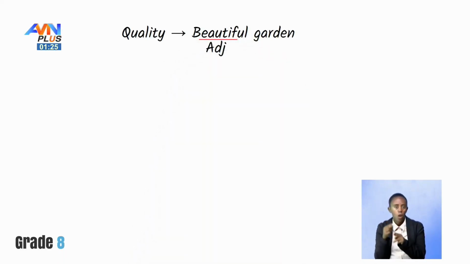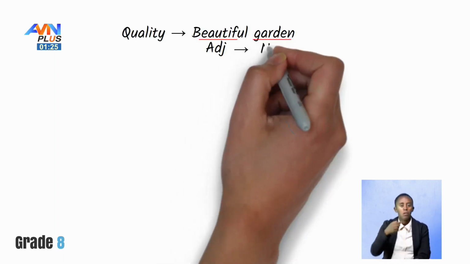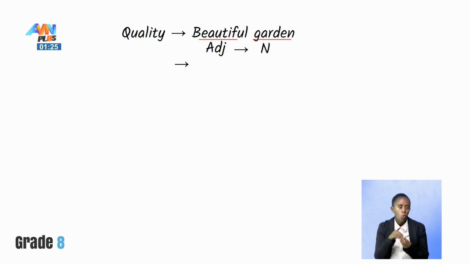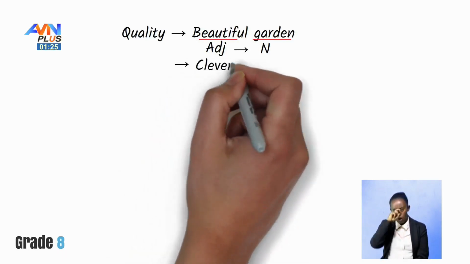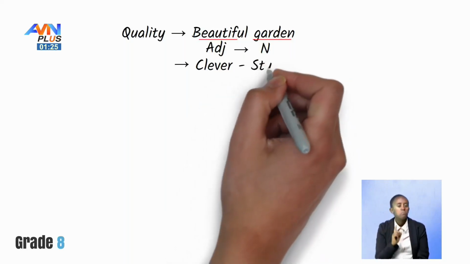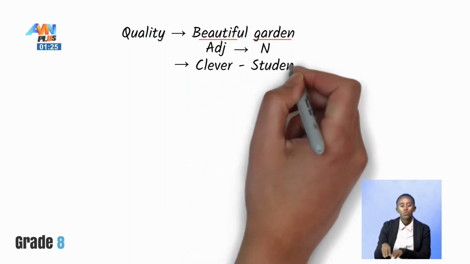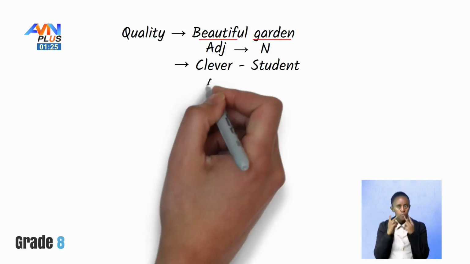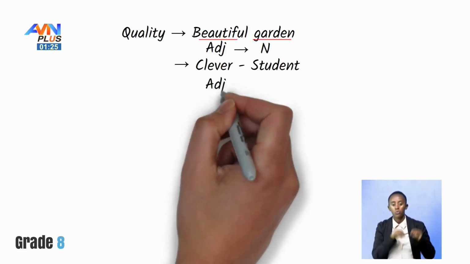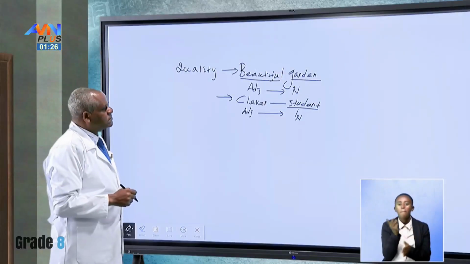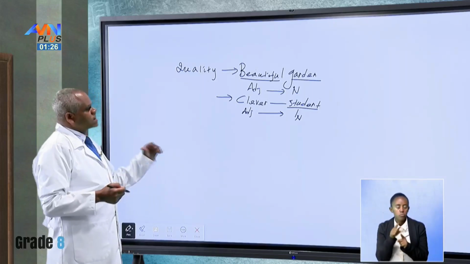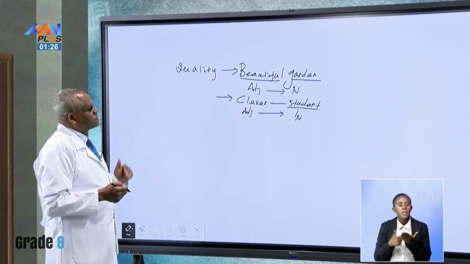A noun. Garden is a noun. This is a very simple example. We can also give a lot of examples besides this. Clever student. Clever is an adjective of quality, and student is a noun. These are pairs of words. If you like, you are welcome to use these pairs of words in sentences.